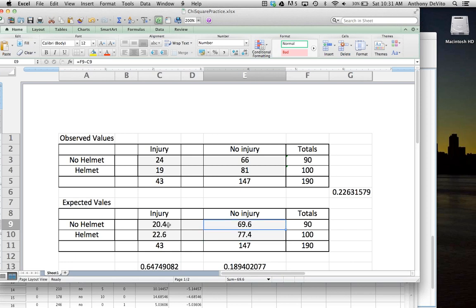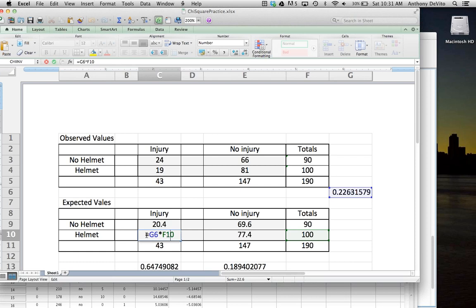Because just thinking about it, if I have 100 people here, but I only had 2 people, if the rate was so low that only 2 people came in wearing helmets, it would be hard to make a good statistical judgment on how important this data is, right? So we want to make sure that in the expected values table all of these values have at least 5 individuals represented in those boxes.